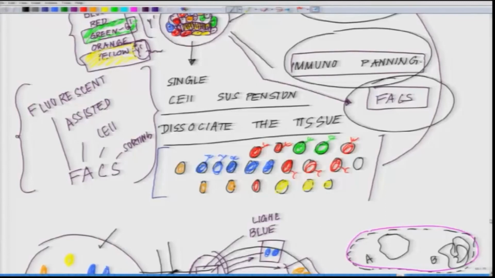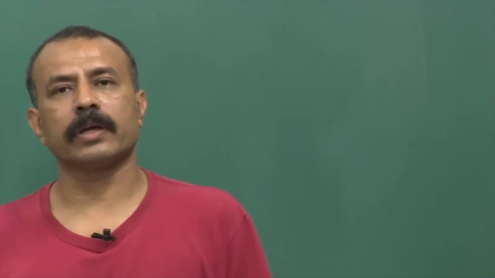As a matter of fact, you'll be surprised to know that if you really know at what point of time these specific cells express unique markers on their surface, fluorescent cell sorting can be a really formidable technique by virtue of which you can isolate them.